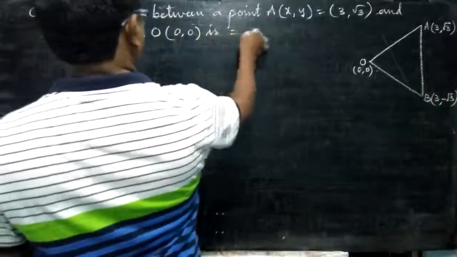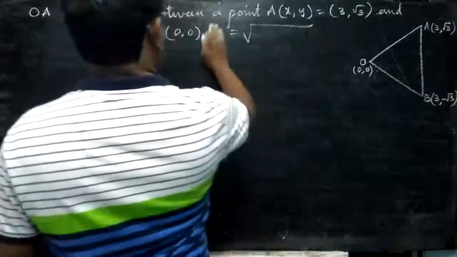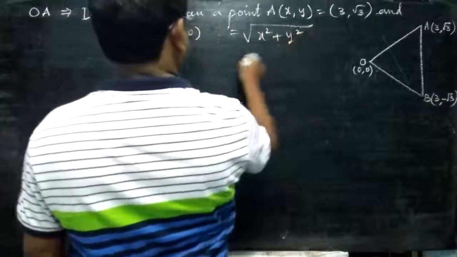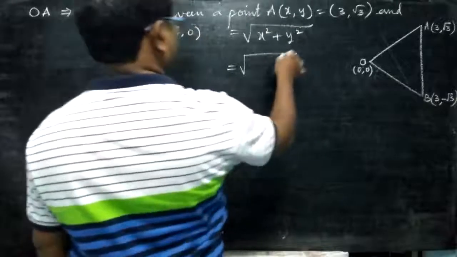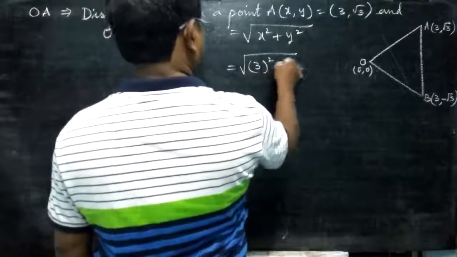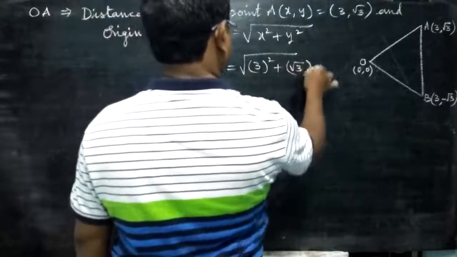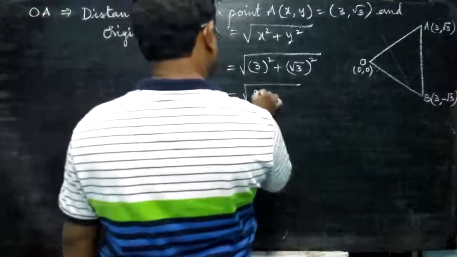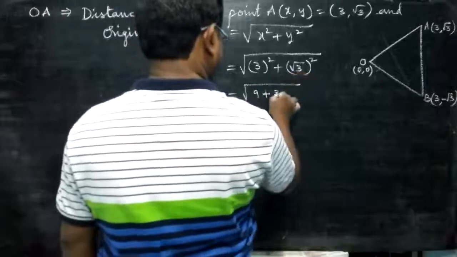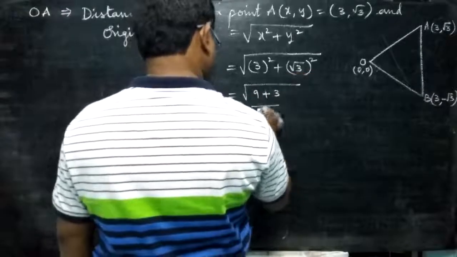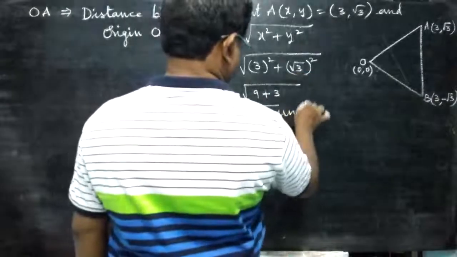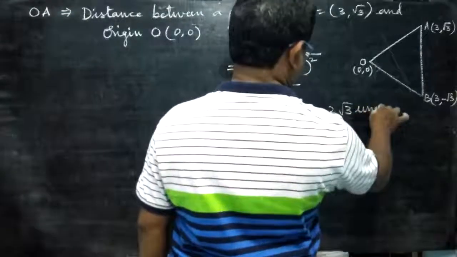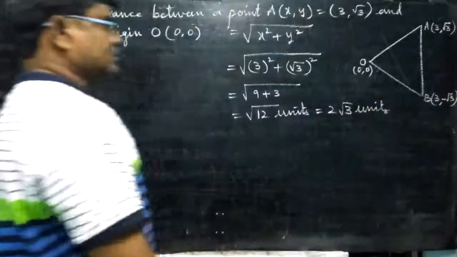We know the formula, square root of x square plus y square, that is equal to square root of 3 square plus root 3 whole square. 3 square is 9 plus root 3 into root 3, 3. 9 plus 3 is 12 units. Same we have done before, that is 2 root 3 units. Find factors. So 2 root 3 units.